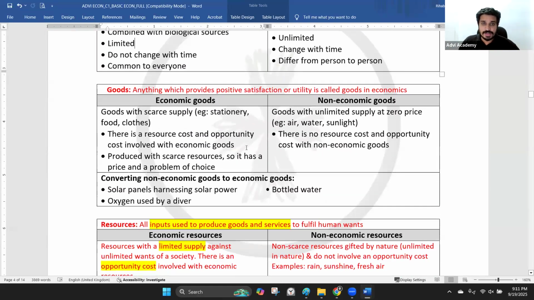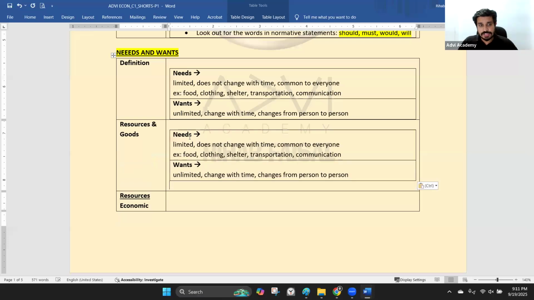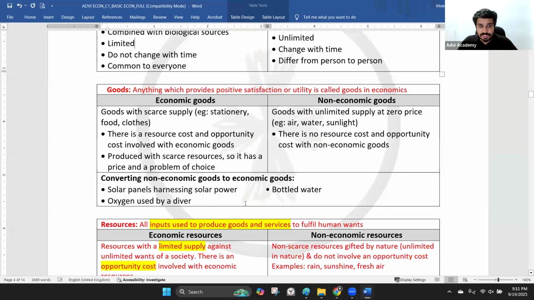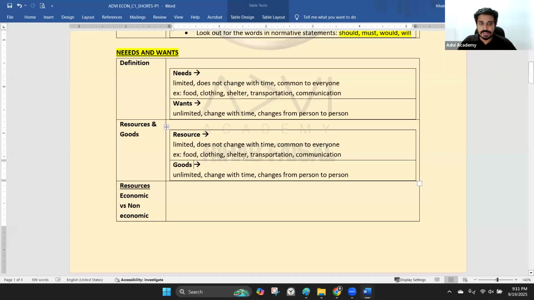You also have to understand and learn the differences between goods and resources. This is very important. What is a good and what is a resource? We'll talk about resources first, and then goods. For example, let's say you're wearing a t-shirt right now.